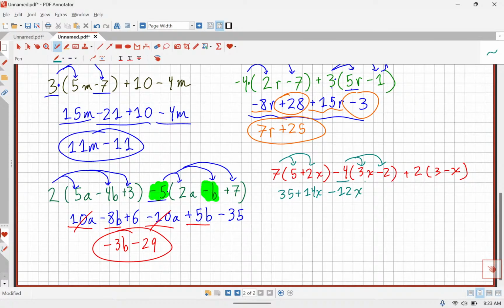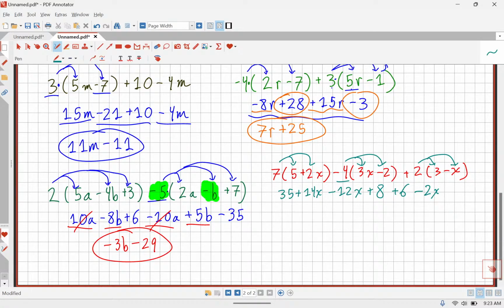Good. And? Bam. Okay, that's good. What's going to happen when I distribute that 2 in? So positive 6, and then positive or minus 2x? Yeah, minus 2x. Very good.